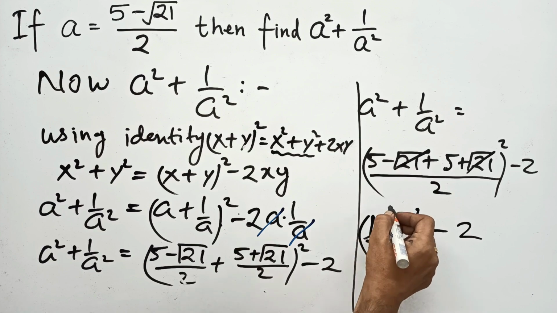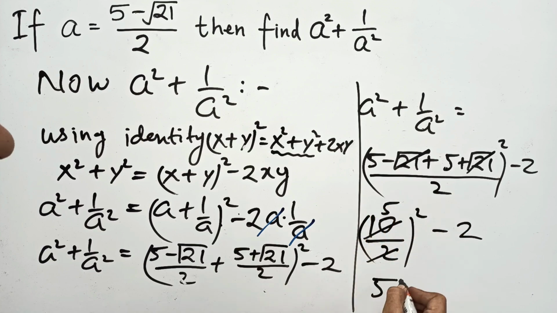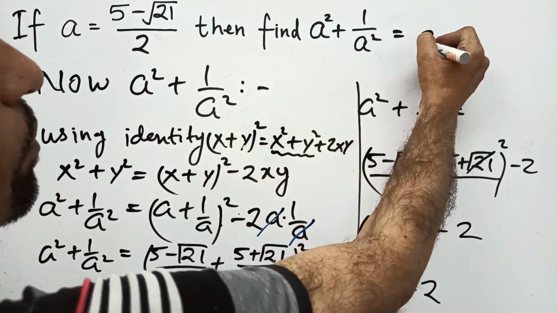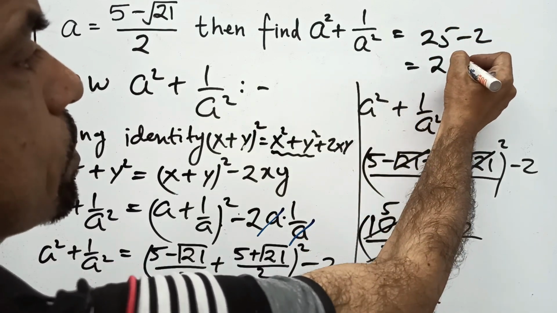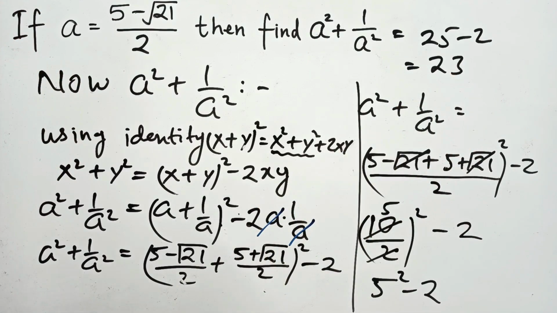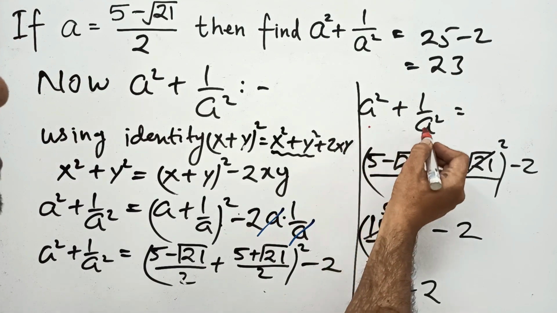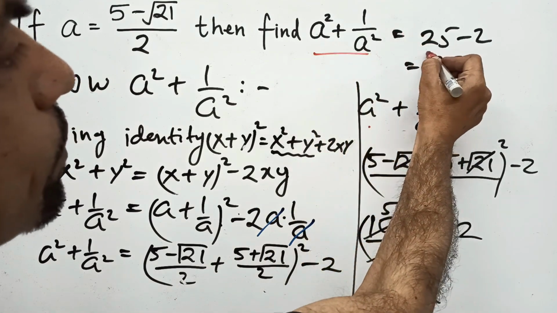It is 10 upon 2, which is 5, so 5 square minus 2, that is 25 minus 2. The answer is 23. So the value of a square plus 1 by a square is equal to 23.